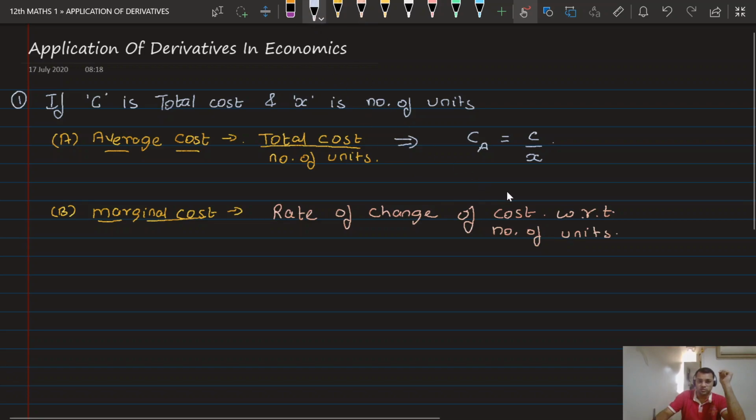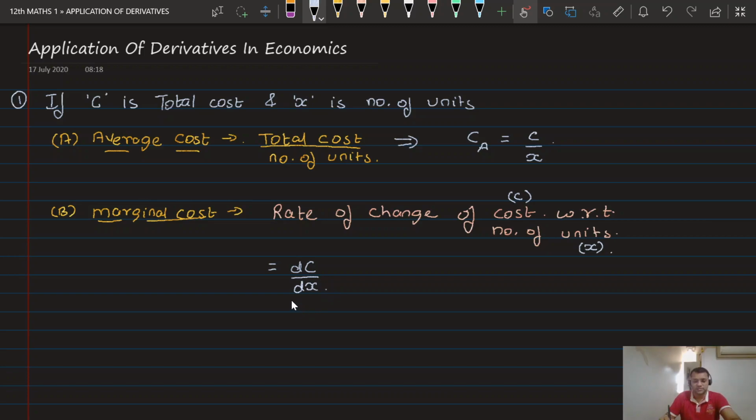We know that the cost over here is C and the number of units over there is X. So rate of change of C with respect to X, I'm sure you can get that by writing it as dC by dx.